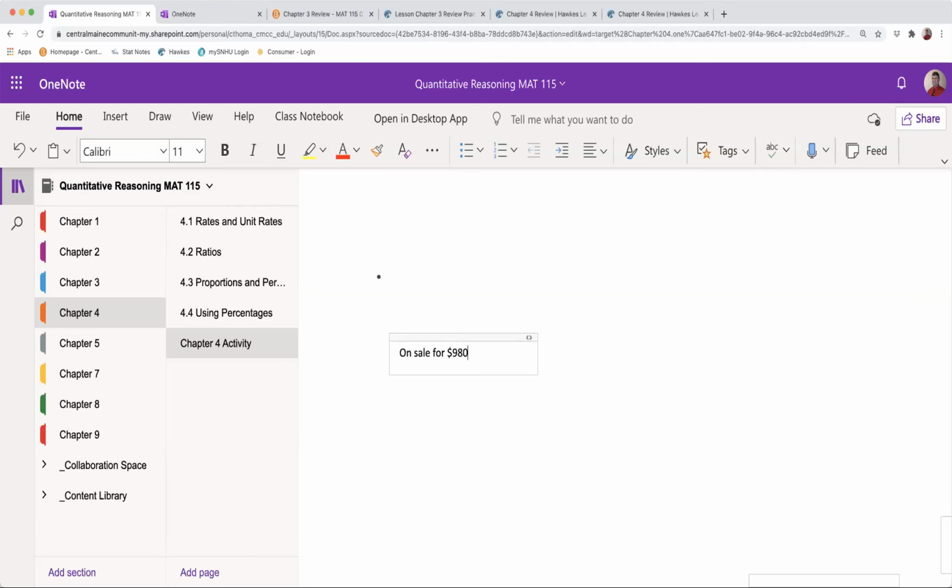And this is 25% off the original price. What was the original price?